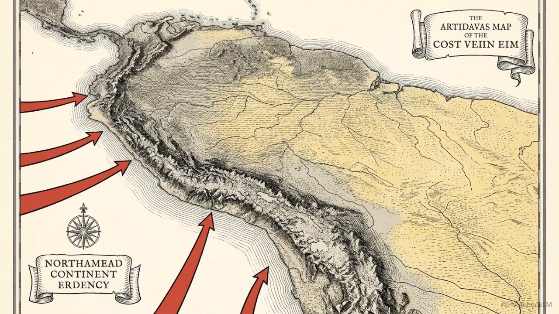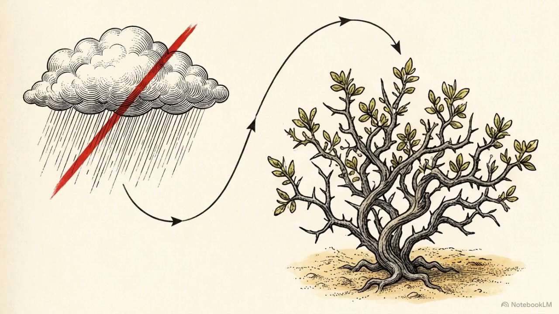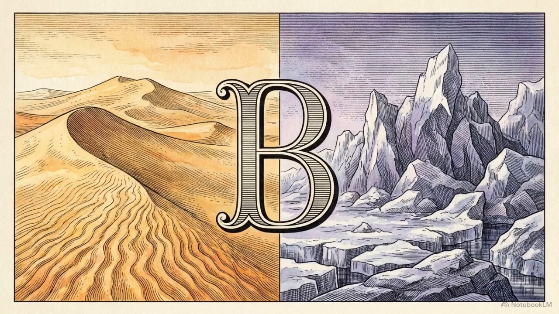This moisture deficit explains why these climates correlate so closely with areas of subtropical high pressure, or deep continental interiors blocked off from maritime winds. Group B acts as a specialized logic gate. The moisture deficit dictates the physical biome, overriding whether the desert itself is freezing or boiling.